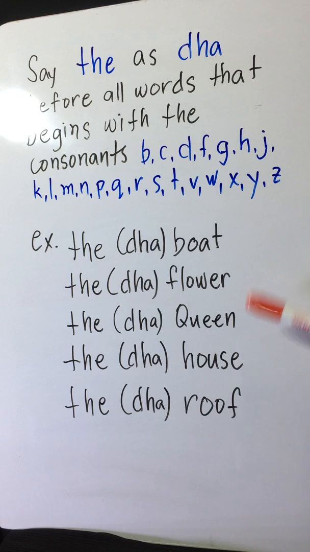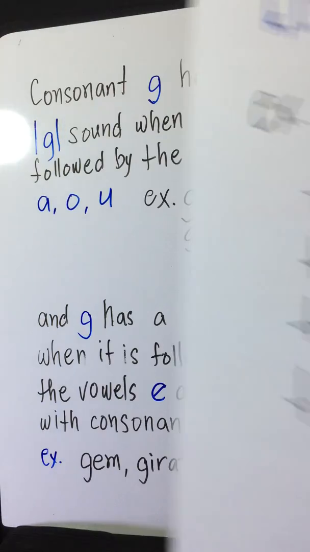The queen. The house. The roof. You see that? There's a big difference. For the vowels, it is the. And for the consonants, it is the. Okay?